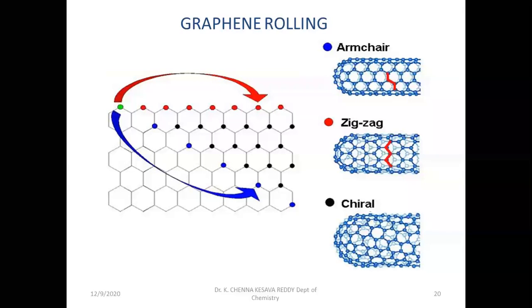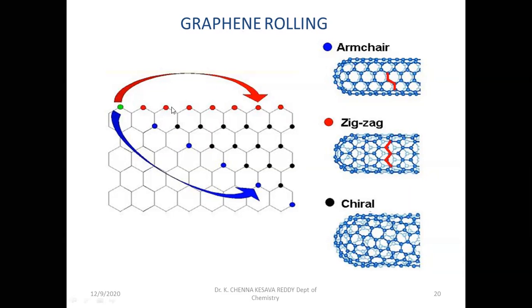If I want only armchair carbon nanotubes, it is not possible to synthesize 100% armchair carbon nanotube or zigzag, and similarly chiral. We may get a mixture of armchair, zigzag, or chiral carbon nanotubes. Let us see zigzag. If you roll your graphene in this red direction, that is the horizontal direction, you get a zigzag carbon nanotube. If you roll in this blue vector direction, you get an armchair carbon nanotube.